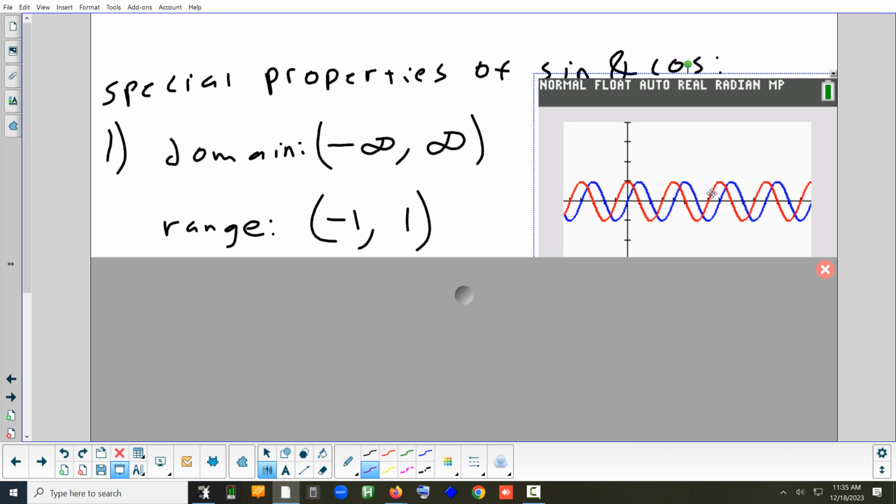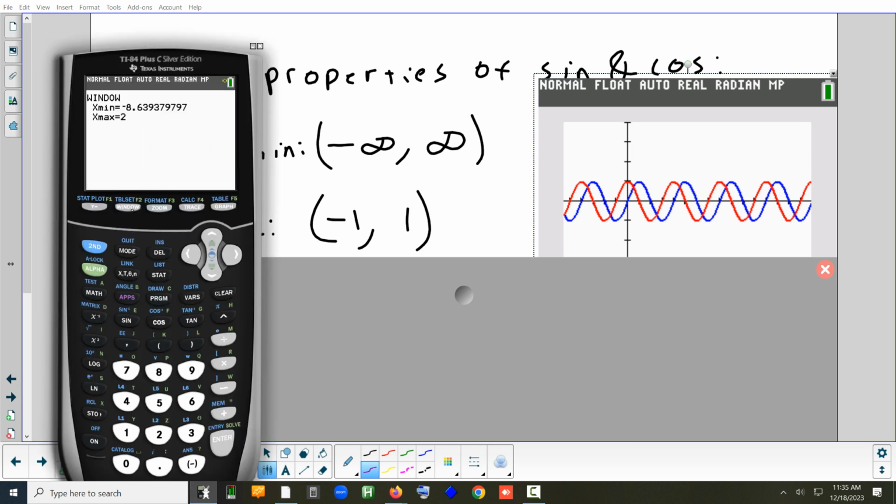So each, if I go back here, each tick mark, let's see how we can set it up. Let me do something here. Let me go sine, cosine, let me put it in degrees. You do zoom 7. Each tick mark here represents 90. So that's 90, 180, 270, 360.